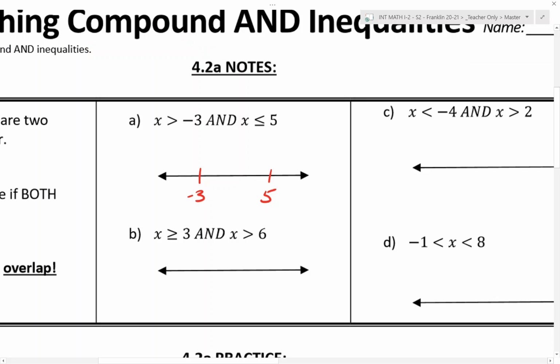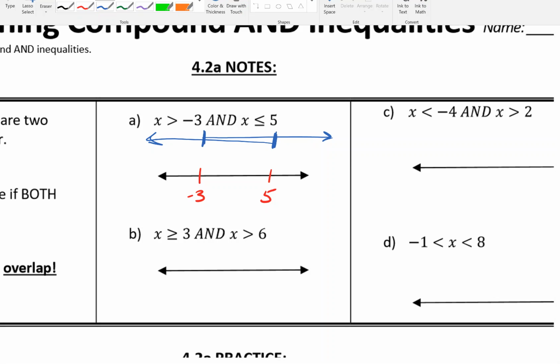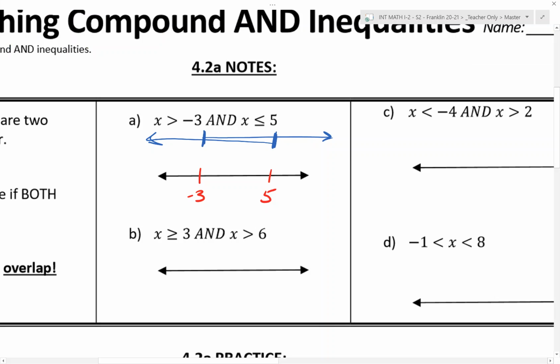For greater than -3, that's going to go this way if we were to shade that one. Less than or equal to 5 would go this way if we were to shade only that one. And they overlap here between the two numbers, so that's where we're going to shade our actual graph.